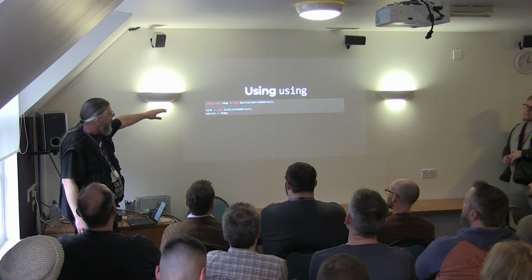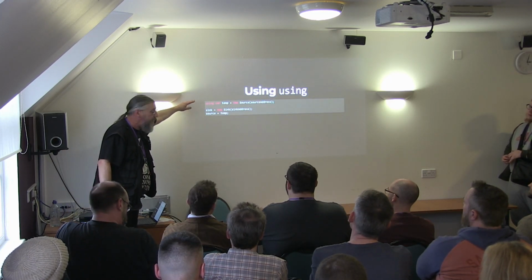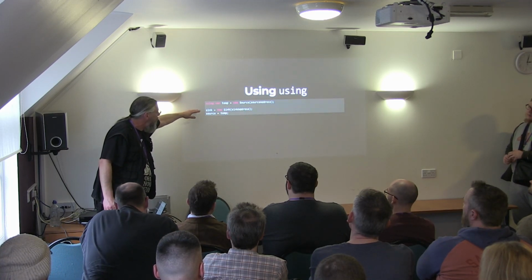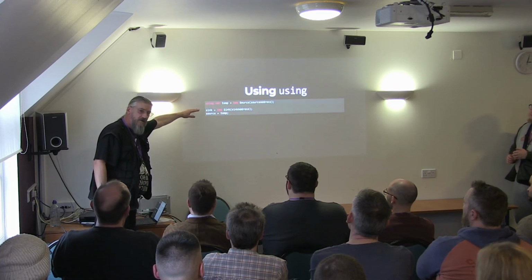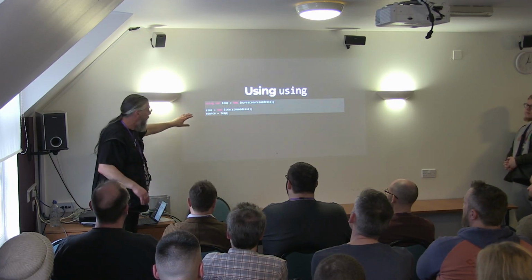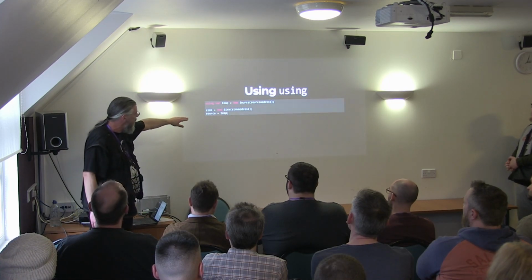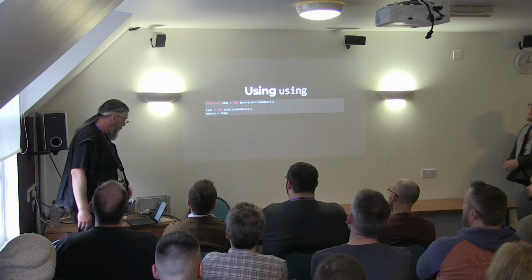And so we might think that we can manage the lifetime of temp with a using statement, and then we create our sink. If that throws an exception, then we go out of the block, temp has dispose called on it. Otherwise, we assign our source field to whatever temp was.